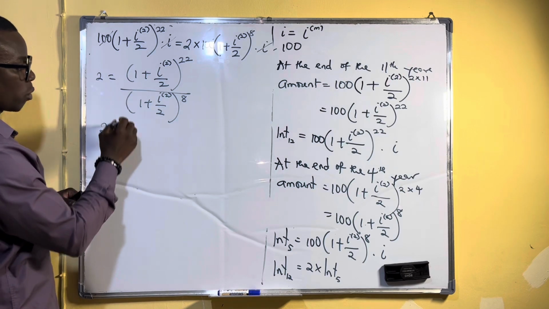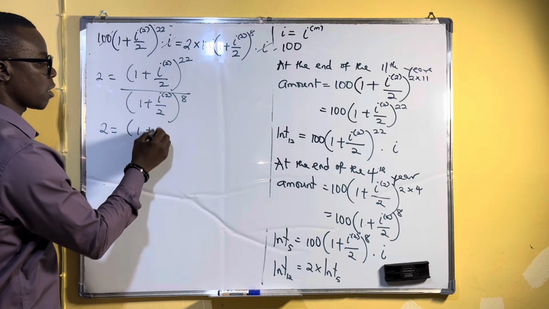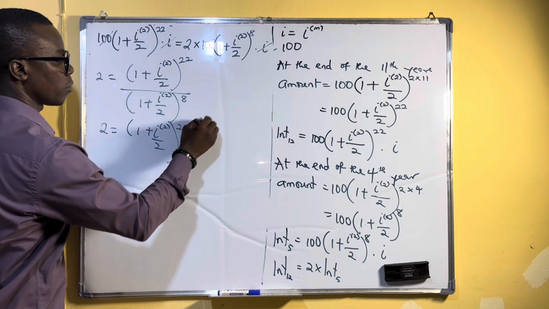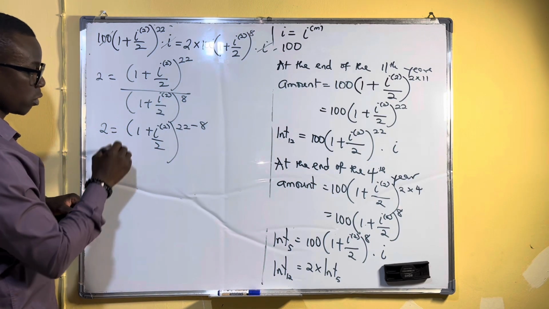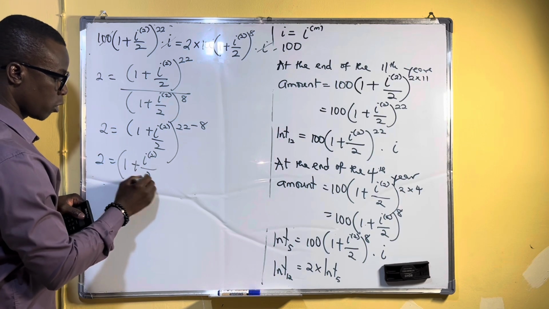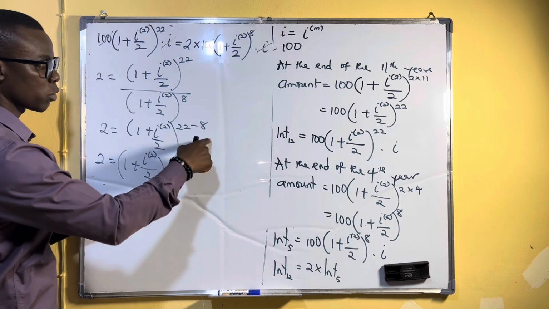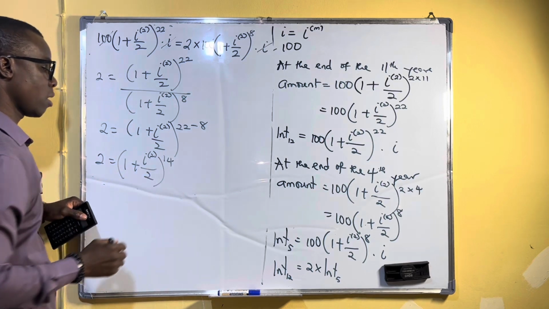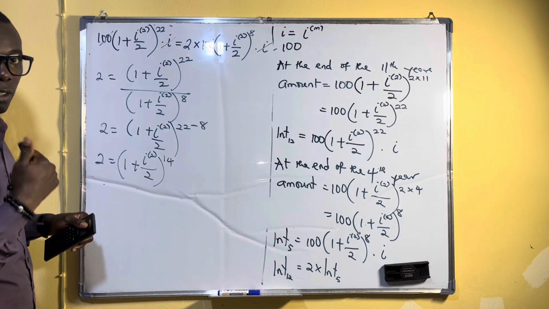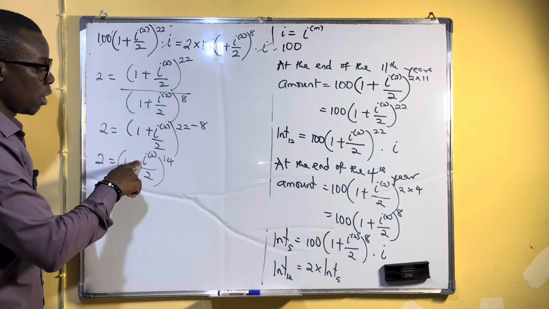So I have 2 equal to (1 plus i^(2)/2) raised to power 22 minus 8. That gives me 14.